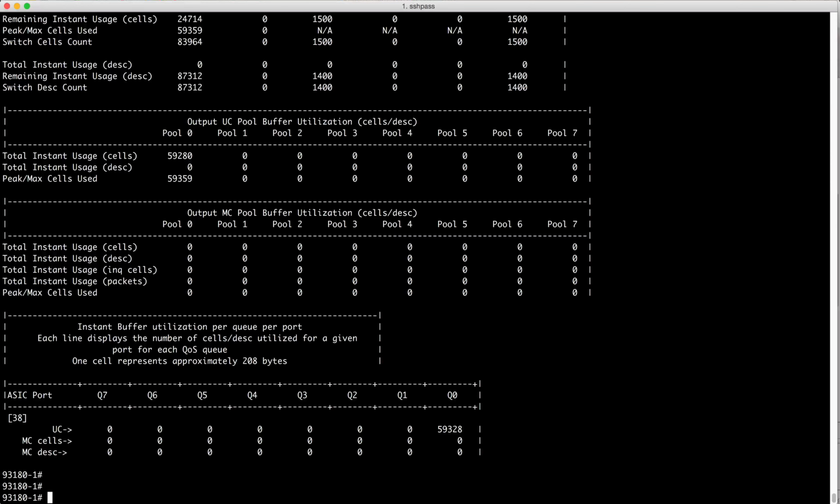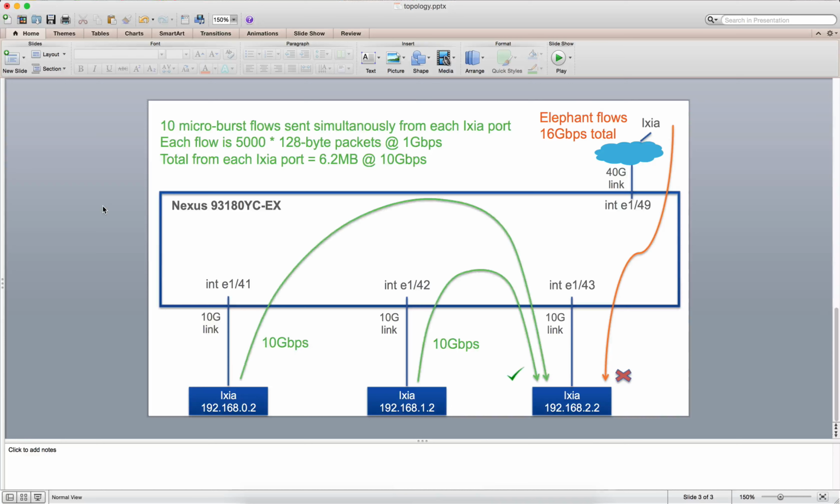Now we're going to try to send a microburst. We're going to take 2 downlinks, 41 and 42. Those are all connected to Nexia ports. From the 2 Nexia ports, from each port we're going to send 10 flows simultaneously, and each flow is going to be 5,000 packets of size 128 bytes at 1 gig.